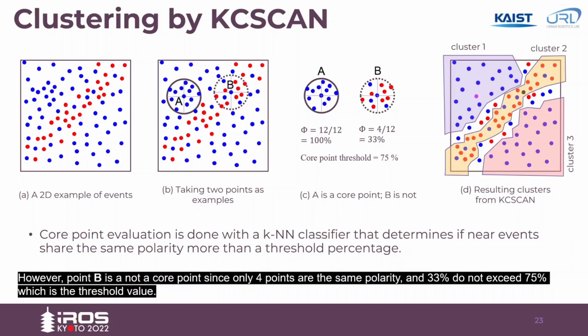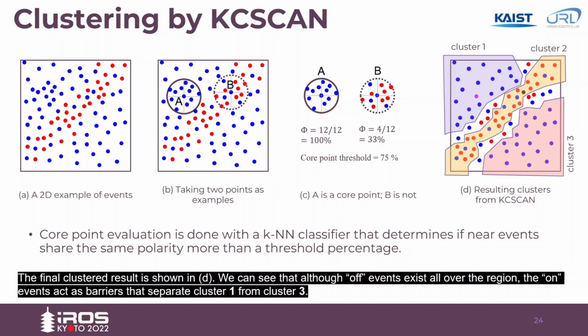However, point B is not a core point since only 4 points are the same polarity, and 33% do not exceed 75%, which is the threshold value. The final clustered result is shown in D. We can see that although off events exist all over the region, the on events act as barriers that separate cluster 1 from cluster 3.